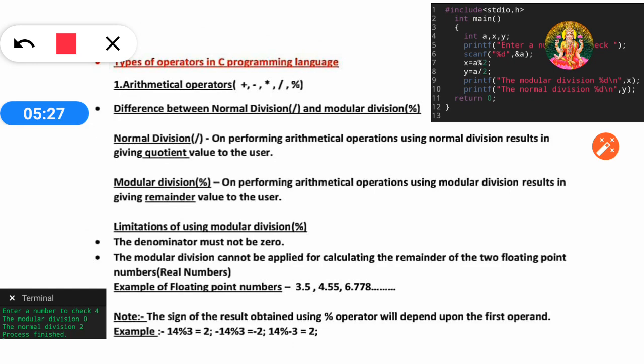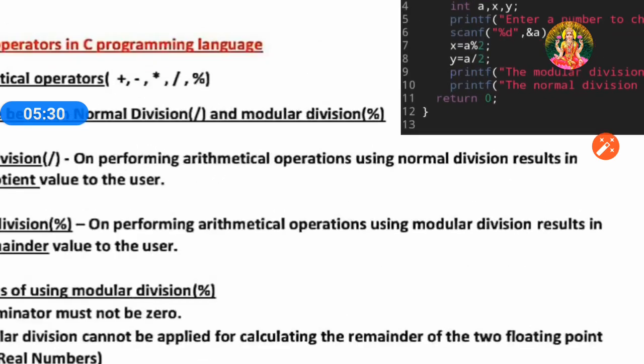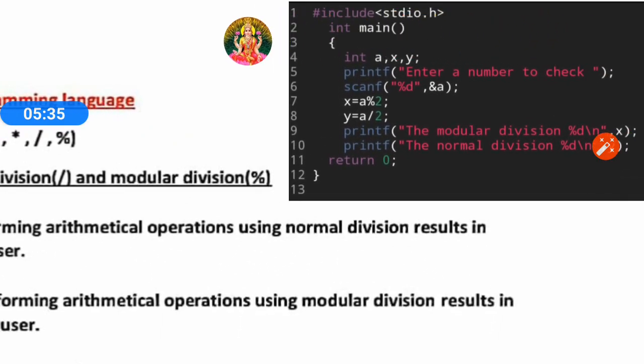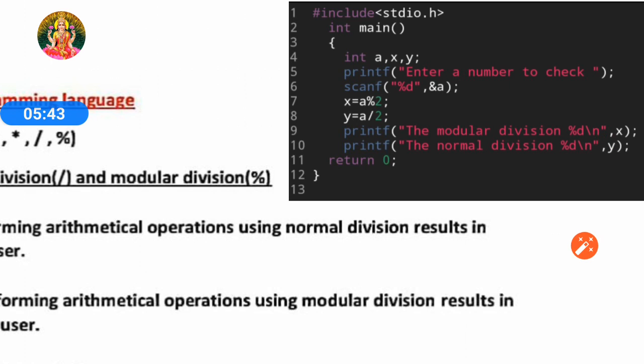Now you can easily see that here is a code written. Okay, let us first remove our logo. Now it is okay to see. Now in the code which is written here, in the first line you will see the preprocessor directive, hash include, and stdio.h is written because by writing this stdio.h we can use the printf and scanf functions.